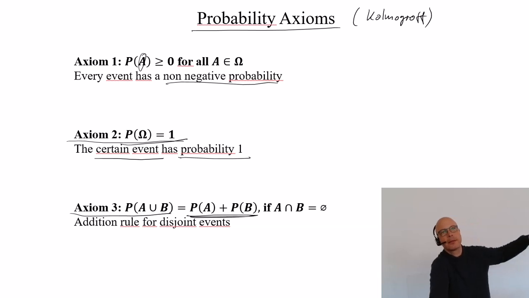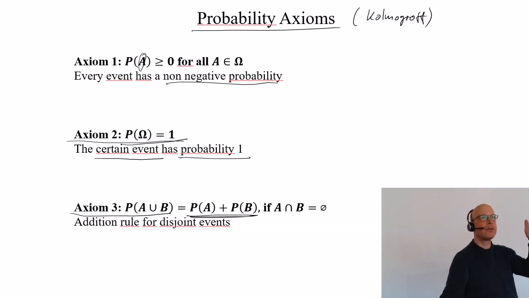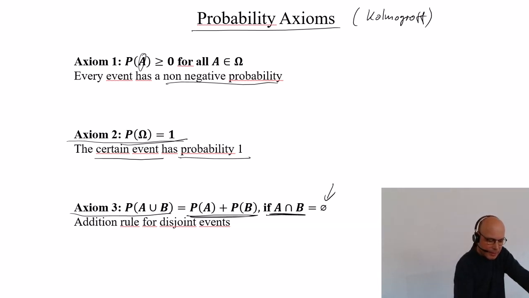This we used when we said the probability of throwing a dice with a number smaller than 5 is just the sum of probability of 1 plus probability of 2 plus probability of 3 if our events are disjoint. So if they are independent, so that this is the empty set.